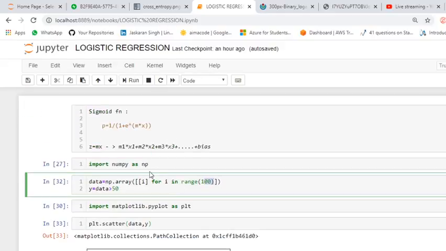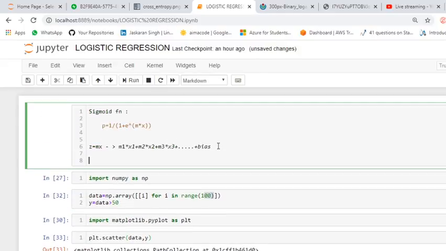So what is our aim? Our aim is to find the values of weights and bias in such a way that our loss is minimized.